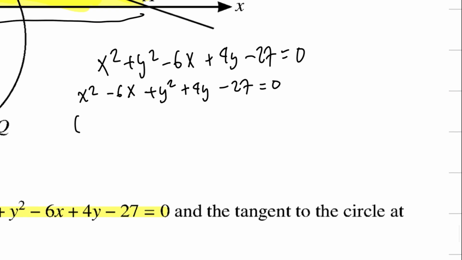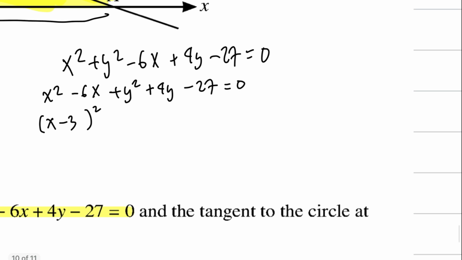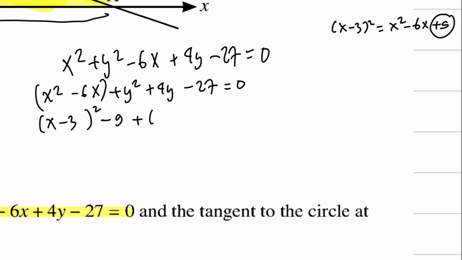Complete the square, so x minus 3 squared, we expand, becomes x squared minus 6x plus 9. We have extra 9, but we don't have plus 9 here, so we minus 9. And then plus this, we complete the square, we get y plus 2 squared, but when we expand y plus 2 squared, you will get extra 4.